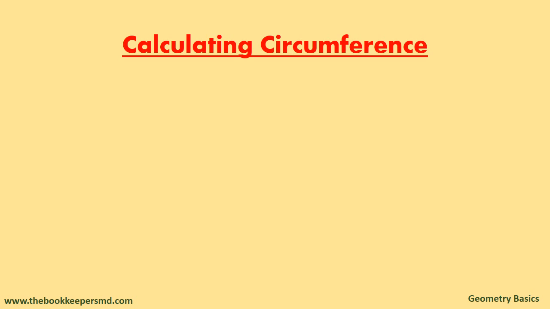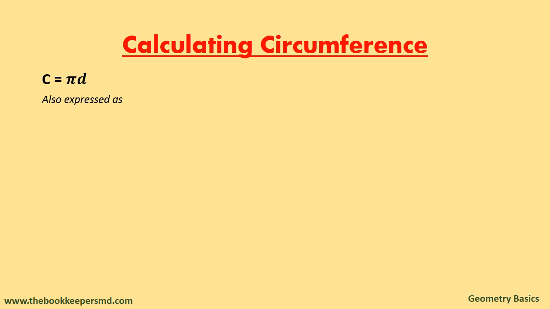Many of you may have heard the term circumference as it relates to a circle. So let's dive into how we actually solve for circumference. The formula for solving for circumference is C, which is circumference, equals pi times the diameter of the circle.